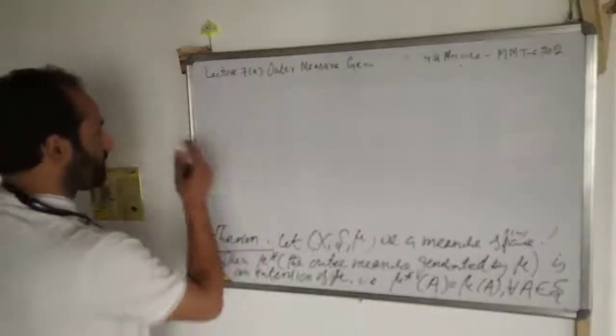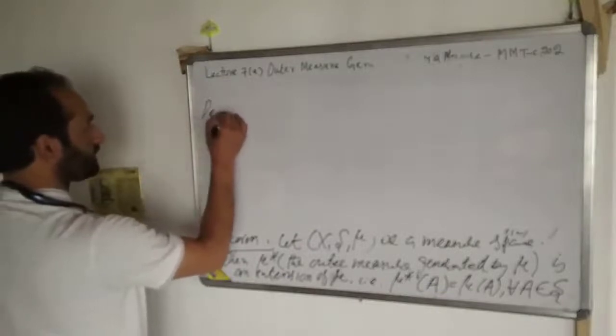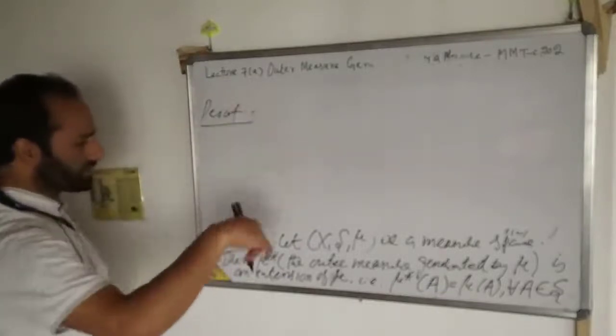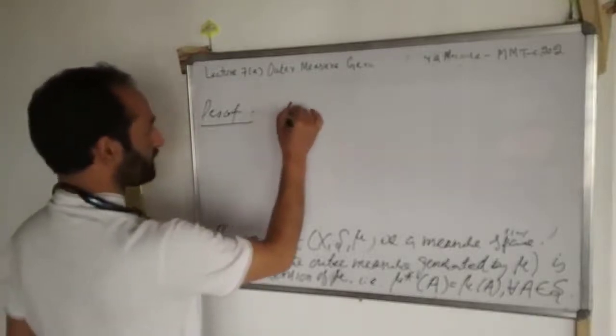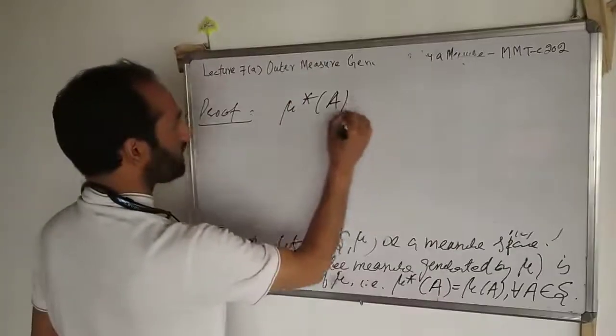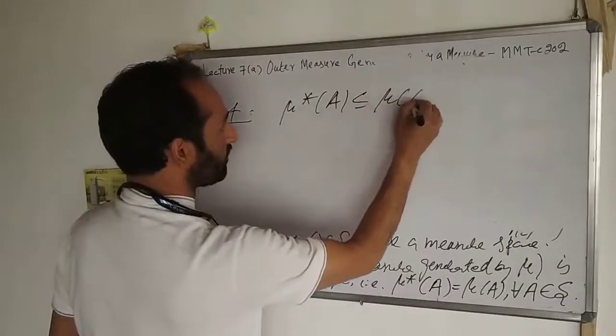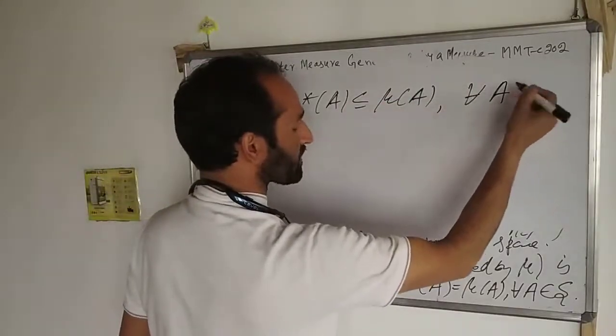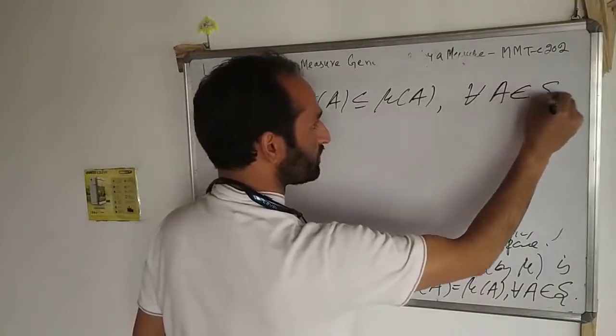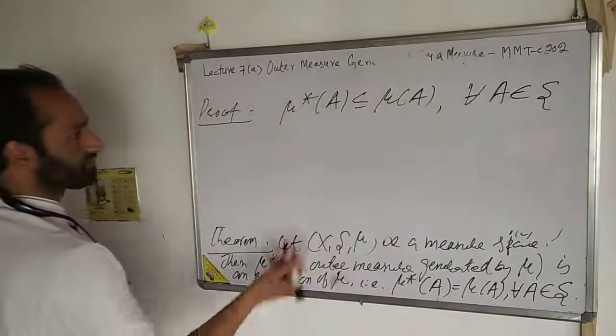So let's prove this theorem. As already proved in the previous lectures, mu star of A is always less or equal to mu of A for all A belonging to S. It's already proved.